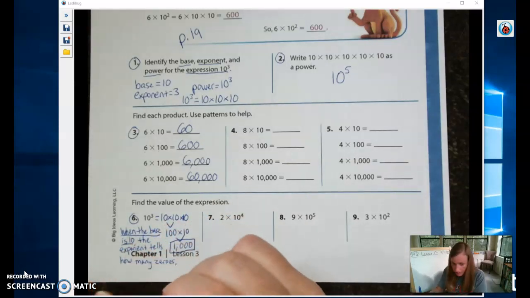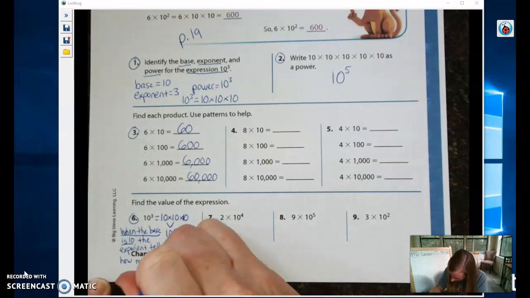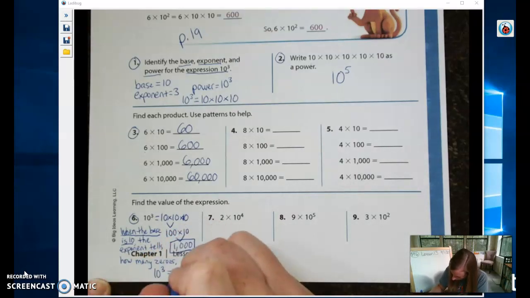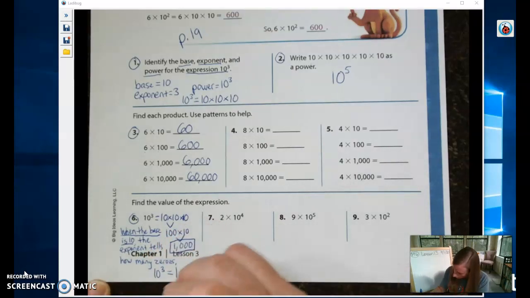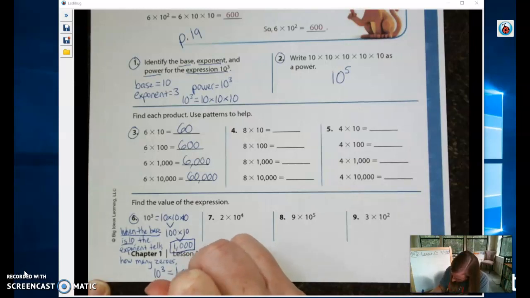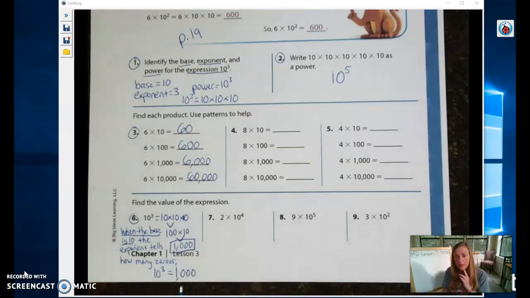So, 10 to the power of 3 would be 1 with 3 zeros. We don't take the number of zeros and put it after our 10. You just take the 1 and then you put the number of zeros that are in the exponent. Again, this only works when the base is 10.